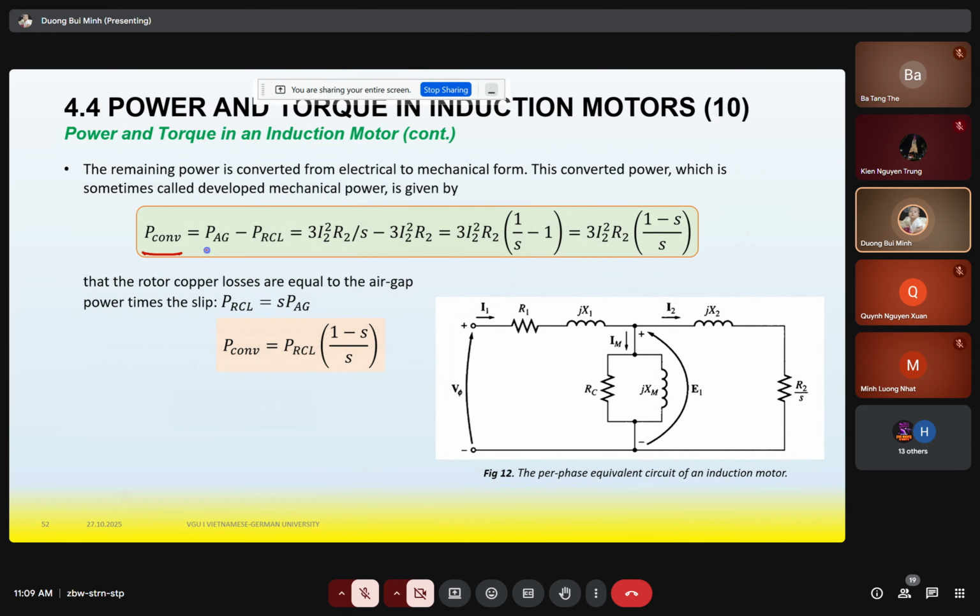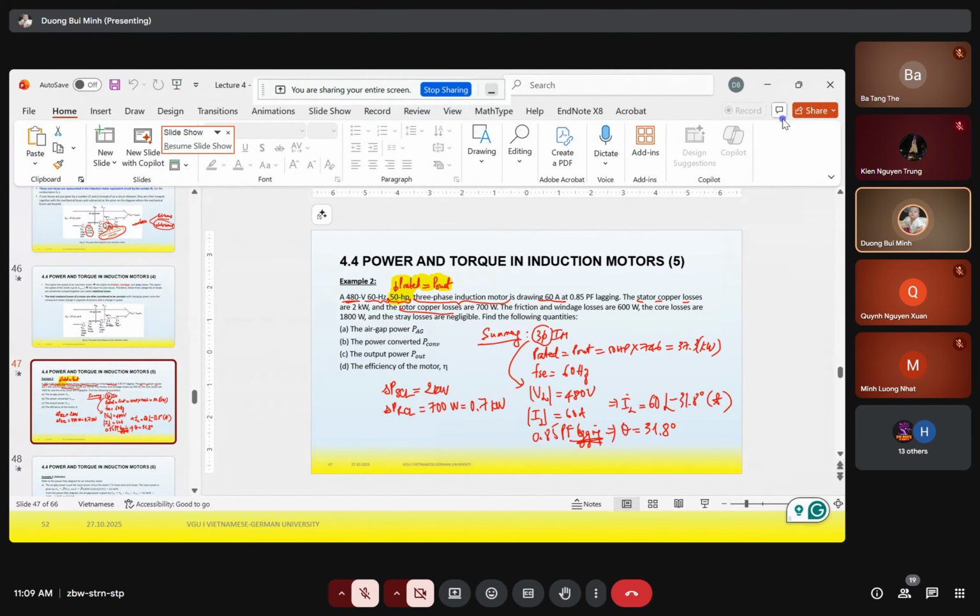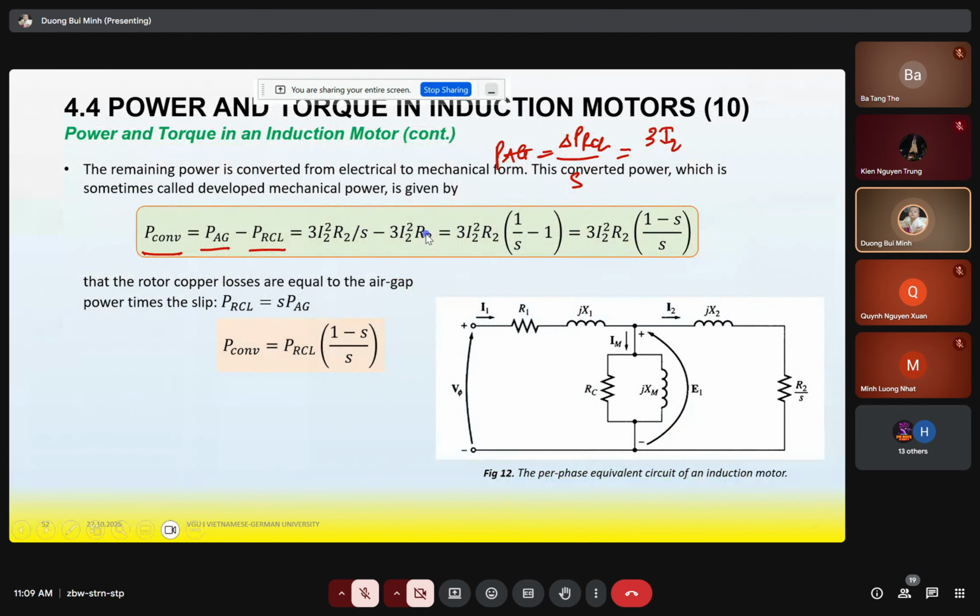So P_convert is P_AG minus delta P_RCL, and we know P_AG is delta P_RCL over S. And delta P_RCL is what? It's 3 I2' squared R2' divided by S. Okay, like this.